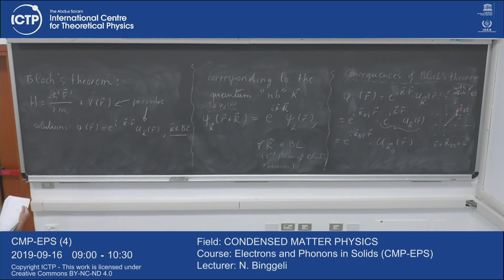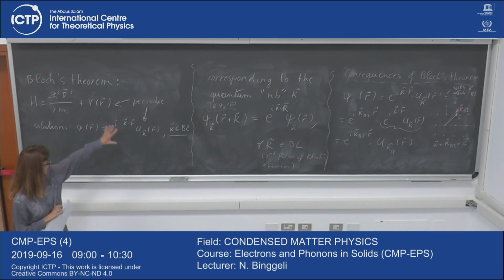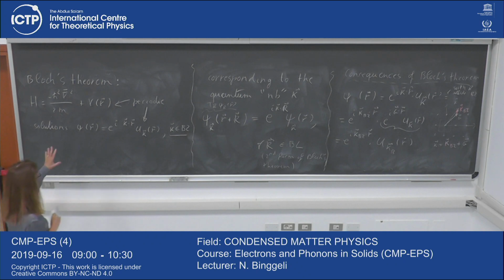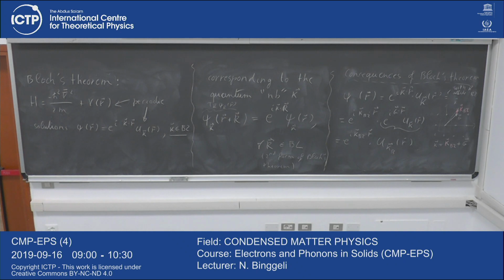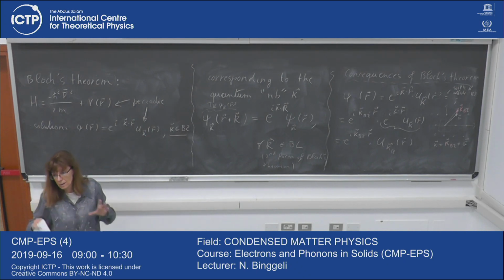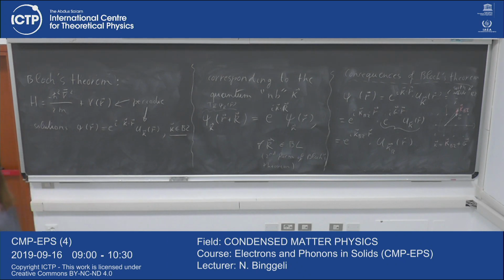Alright, so now we will use that. This already simplifies the problem tremendously, because now we can just work at a fixed k. We can just choose a k, and the solution that we are looking for is a function in the unit cell. It's periodic, so it's enough to know it in the unit cell.